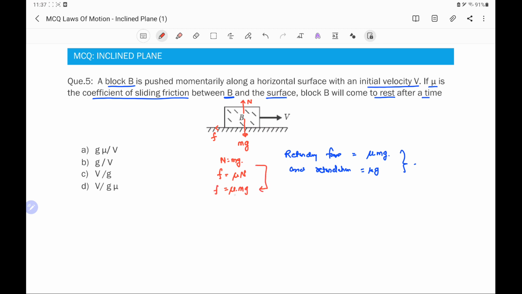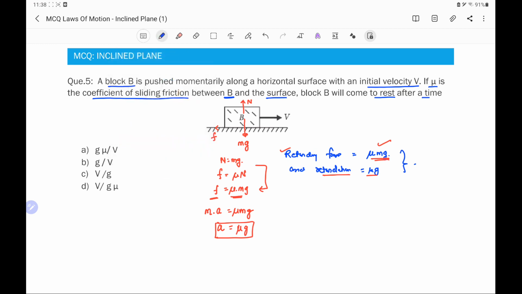So friction force is mu mg, which we have written here. This is the retarding force, and this friction force acts on the block B which has mass m. So we can write m into a equal to mu mg. Therefore, acceleration, or we can say retardation, due to the friction will be equal to mu g. So for a horizontal surface which has coefficient of friction mu, the retarding force will be mu mg and retardation will be mu g.